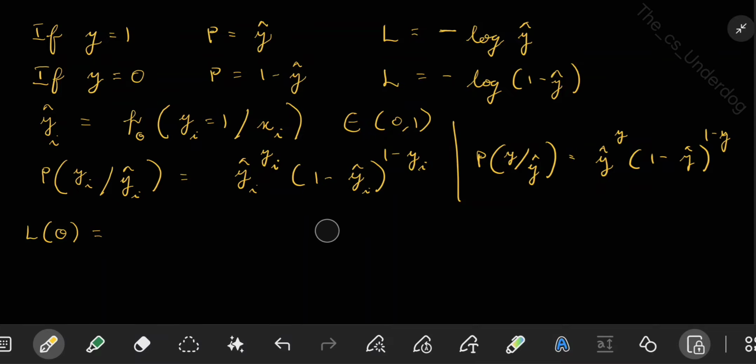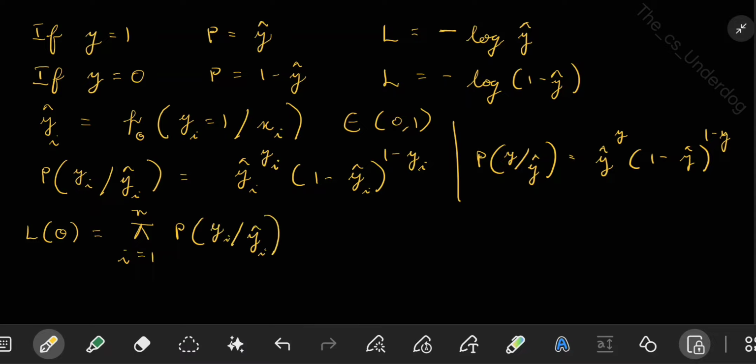So what are we going to do? You have to take the product over all the samples. For one particular sample, the ith example, you got this as the probability mass function. When you want to find the likelihood, you will take the product for i equal to 1 to n of P of yi given yi cap.